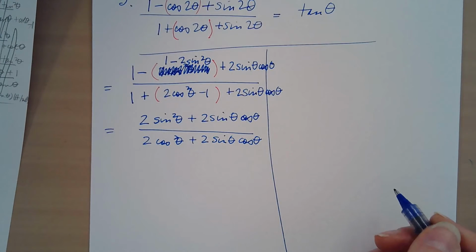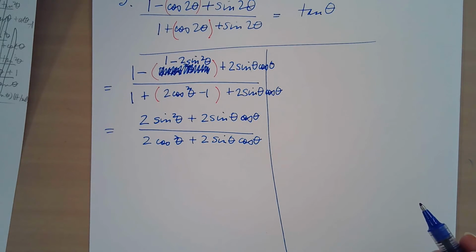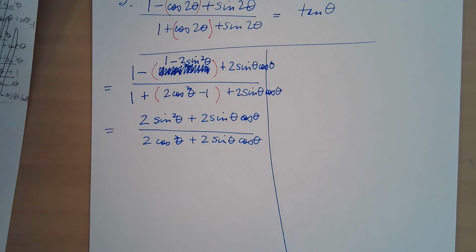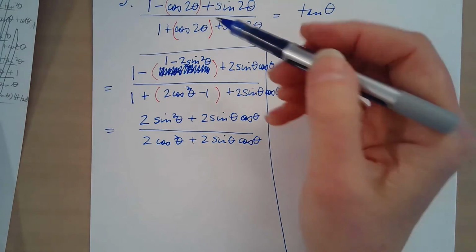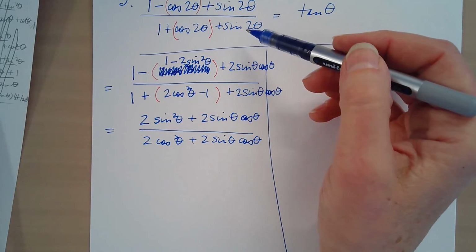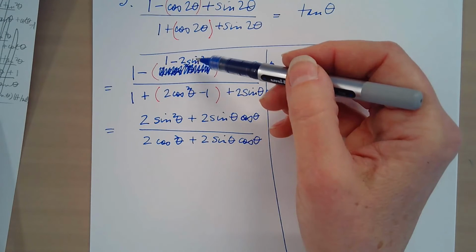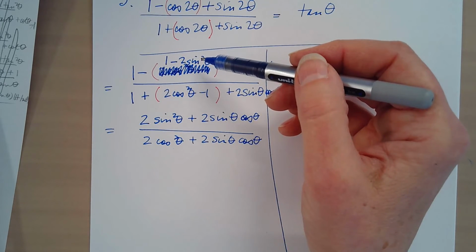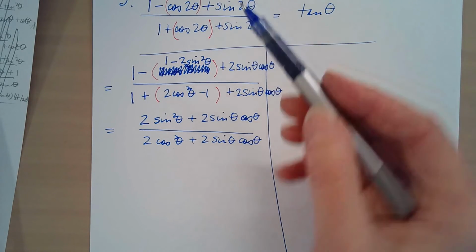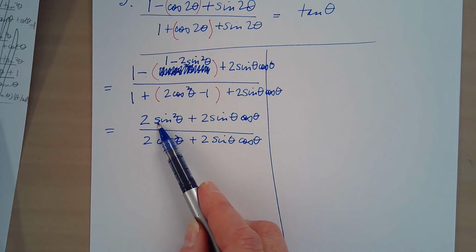Is there a minus over the 2 sine squared theta? Did I copy the question down wrong? Minus plus plus plus. I replace this with 1 minus 2, right? 2 negatives make a positive, right?